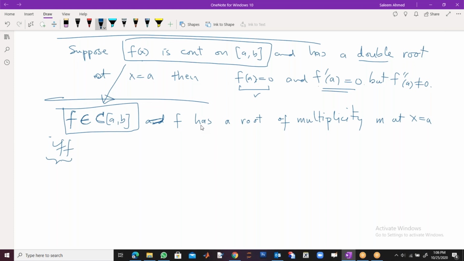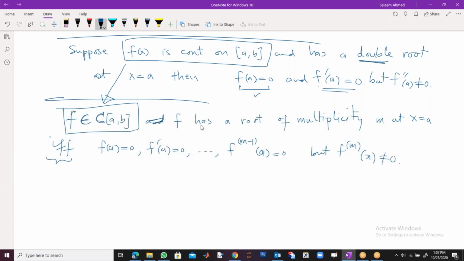If and only if your function is 0 at a because it is a root, its derivative is 0 at a because it's a multiple root, and all derivatives before m, so m minus 1 derivatives will be 0, right? But the mth derivative will not be equal to 0.